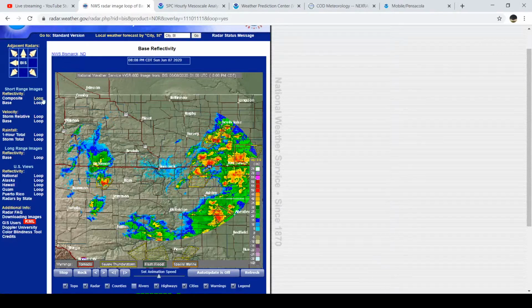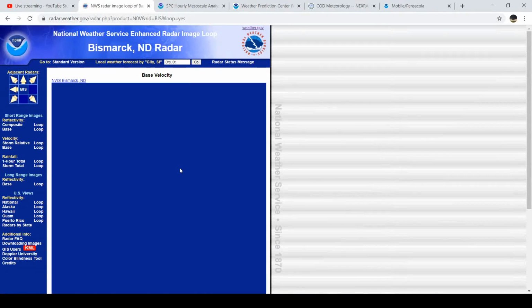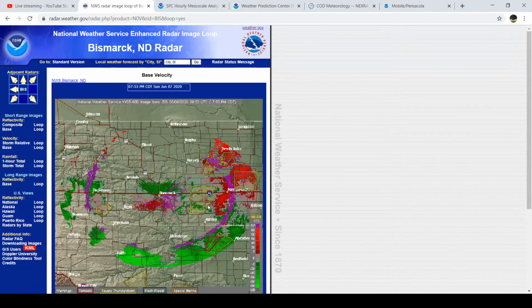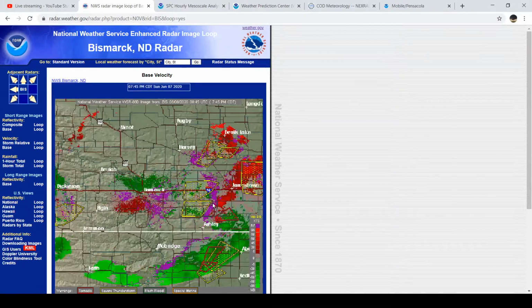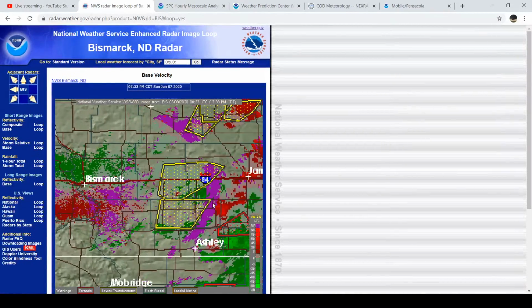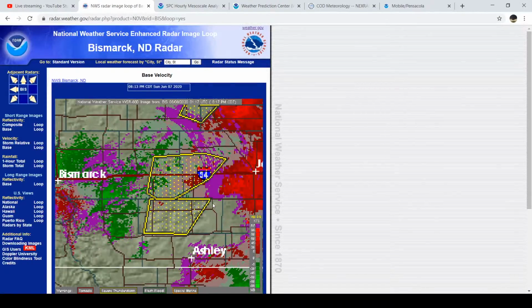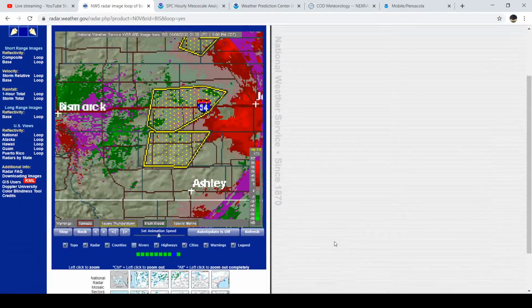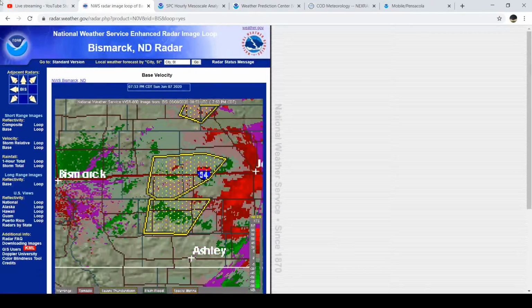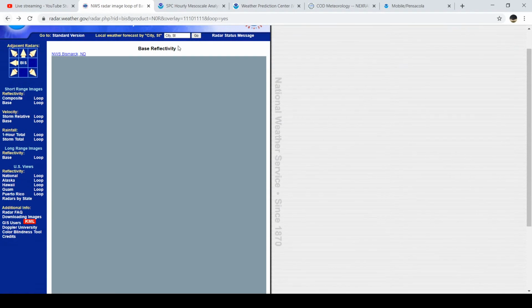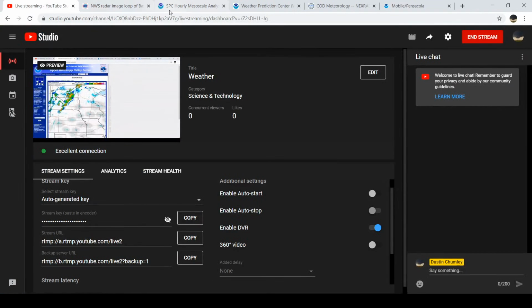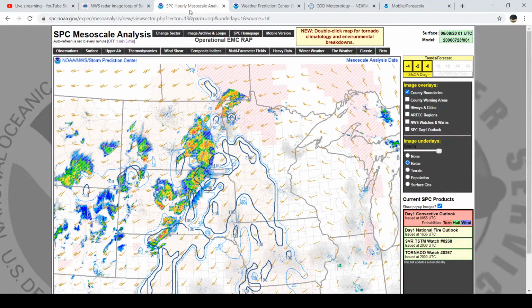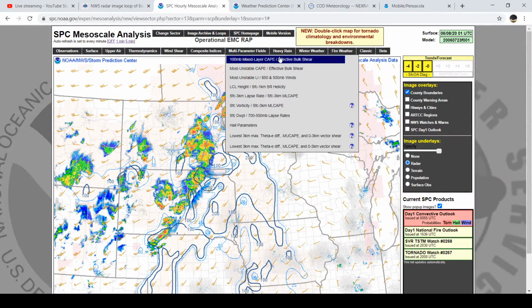See if there's any rotation with it. Nothing with it so far. So, we'll have to see.